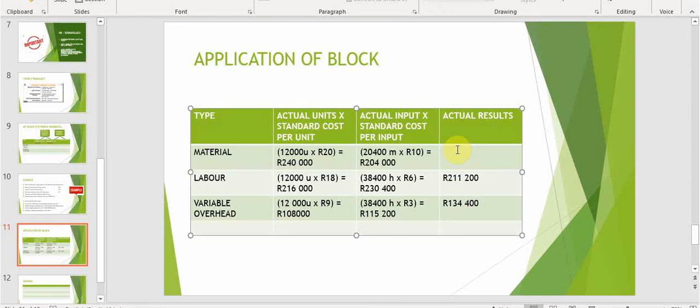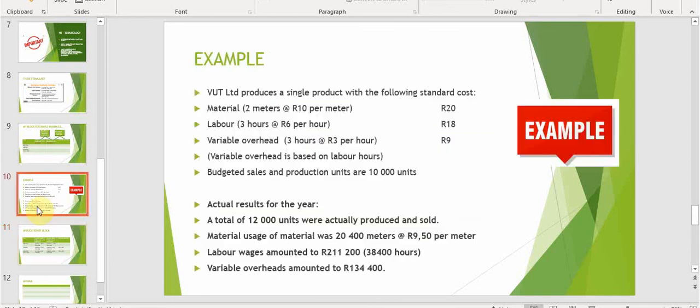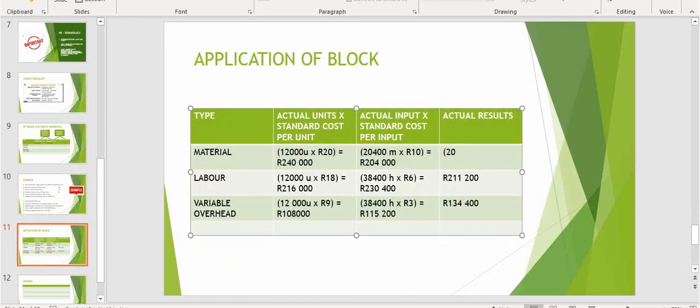So for actual results, we're going to take the actual input times the actual price paid to get to the actual answer. So that is 20,400 meters, and we need to times that by an actual 9 Rand 50. If I type that into my calculator, I get to an answer of 193,800. Great, you've completed your block. It's really as simple as that.